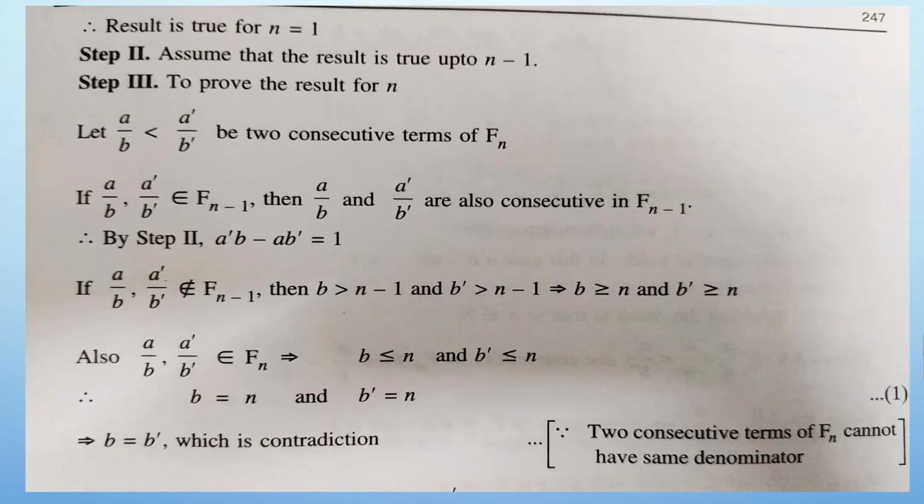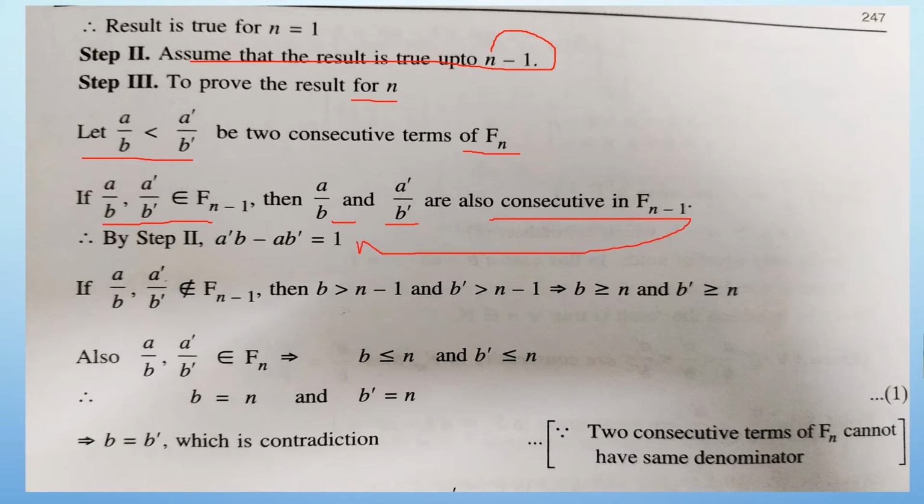Now in the induction, we suppose that this result is true up to the n minus 1 step. Now we have to prove the result for the nth step. Let us take two consecutive terms in Fn. If these terms belong to the previous Farey sequence Fn minus 1, then a upon b and a dash upon b dash are consecutive terms, and by the induction step this result holds true.